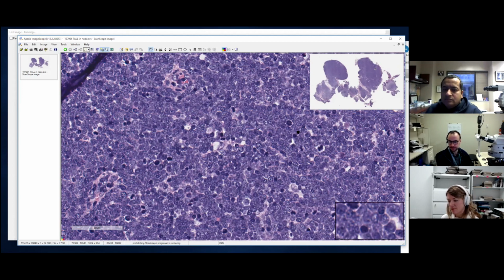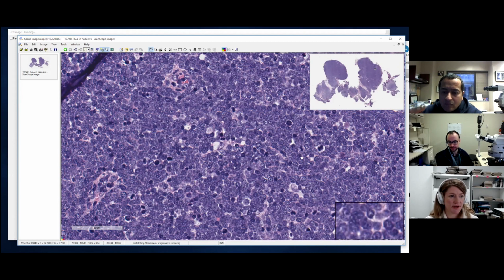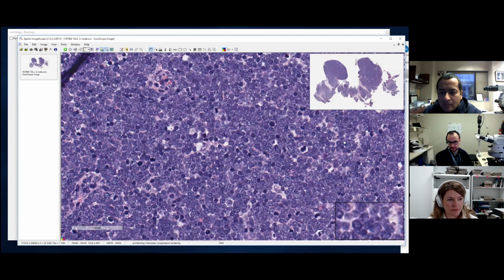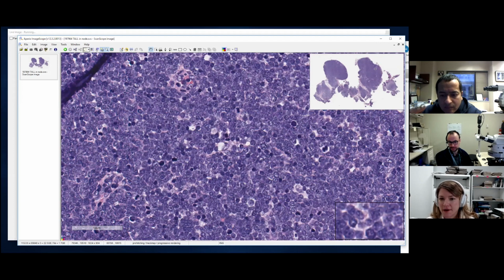You would hate to confuse a lymphoblastic lymphoma with a CLL, because neither will have much cytoplasm and both may be monotonous. So you look at the chromatin carefully and the pattern, and these cells have more of a fine chromatin.